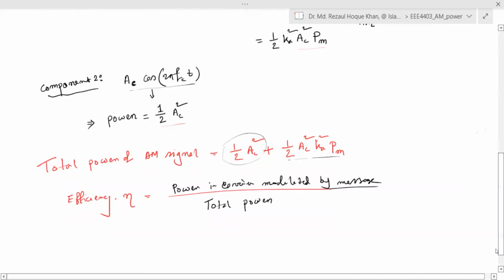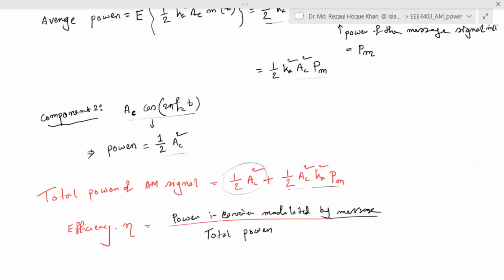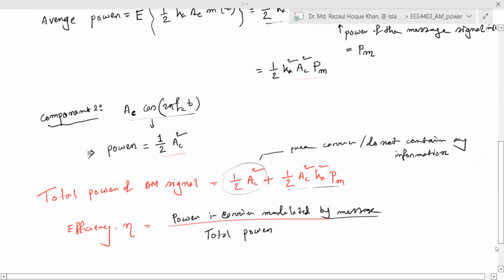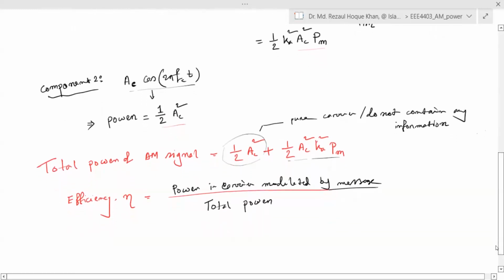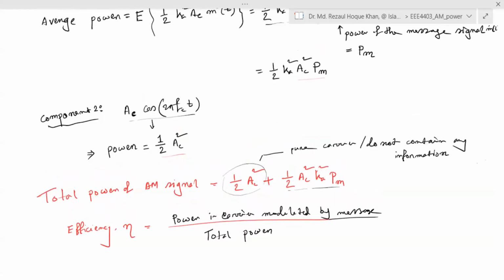It is a pure carrier and does not carry any information. If it does not contain any information, it is not useful for the message, so we do not consider it.